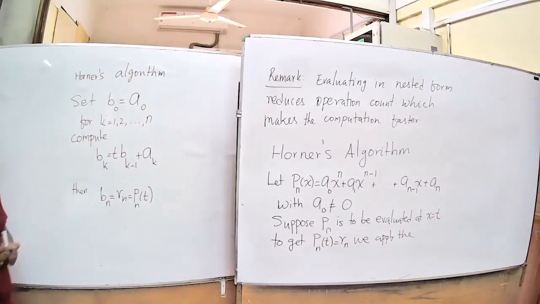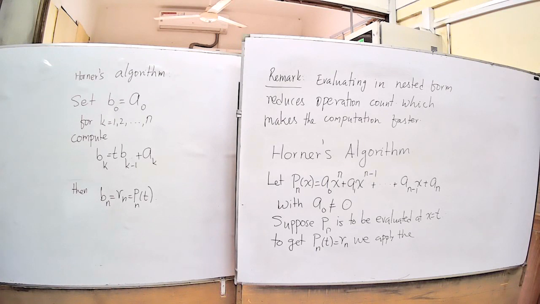If you apply the algorithm in this fashion, you set b naught equal to a naught, the first number the same, and then you start finding b1, b2, b3 up to bn.